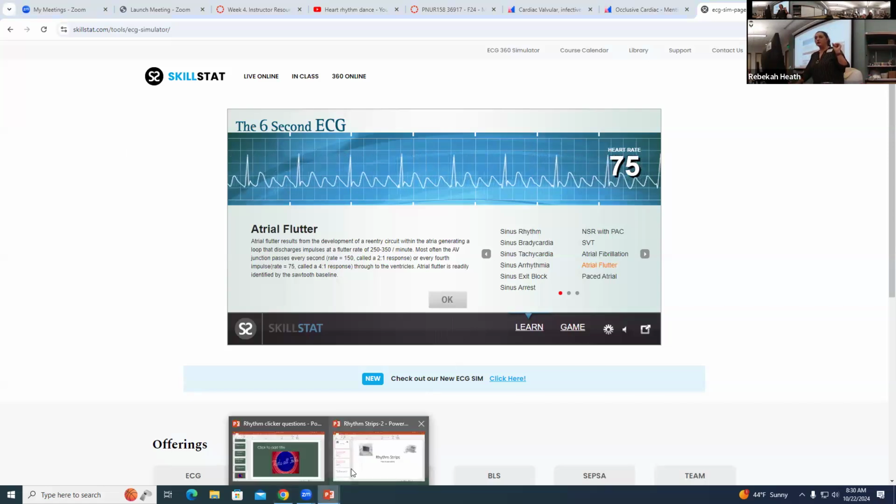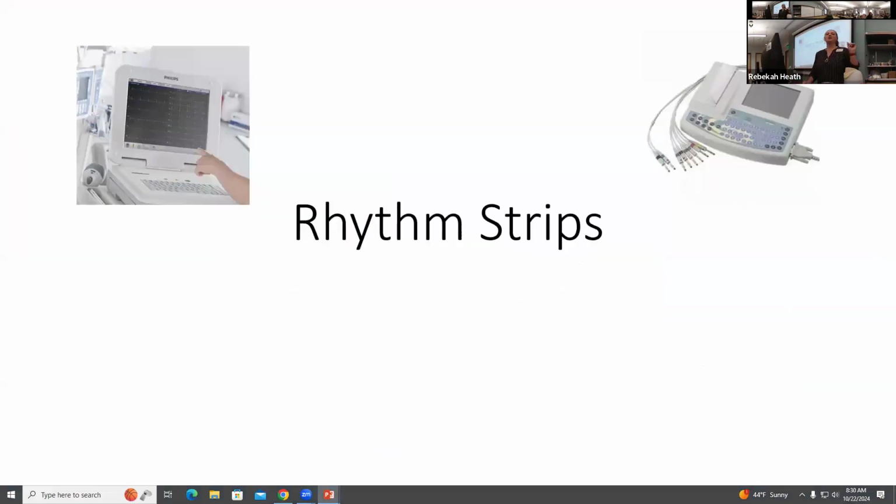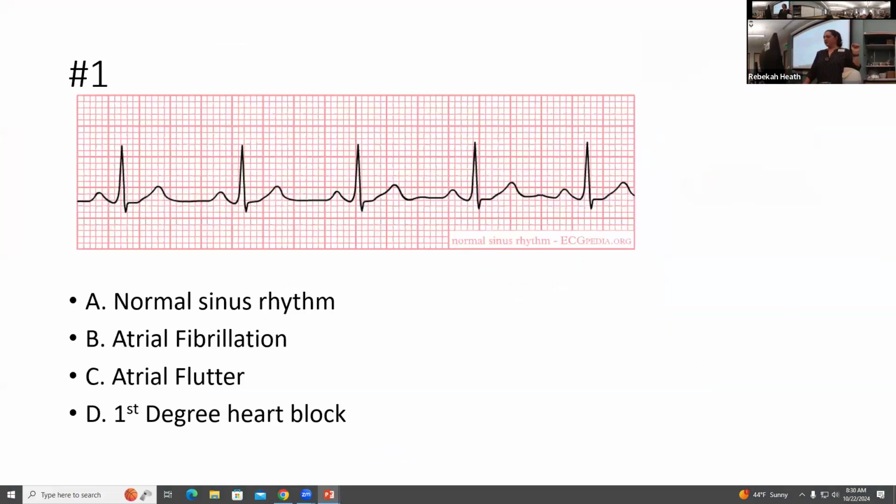So as your groups, we're going to go through a little bit of questions with rhythms, okay? So we're going to identify these. For the purpose of this question, and all my test questions, we're just going to pretend that they're all 6-second strips. Do you guys remember the steps we take for a rhythm interpretation?